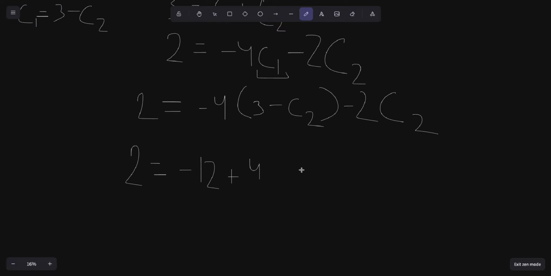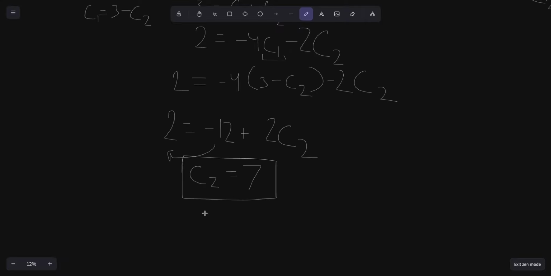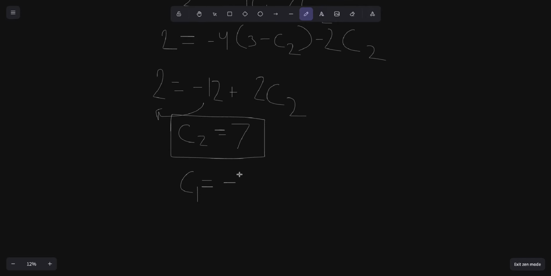Great, those two things create 2c2. And then if I move this to the other side, I get that c2 is equal to 7. And so I know that if c2 is equal to 7, then 3 minus 7 is equal to -4.